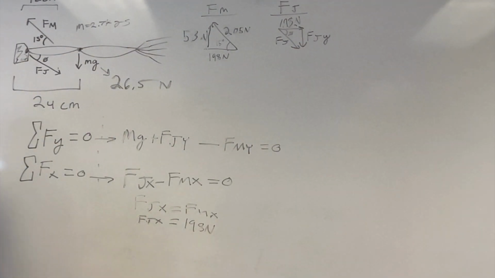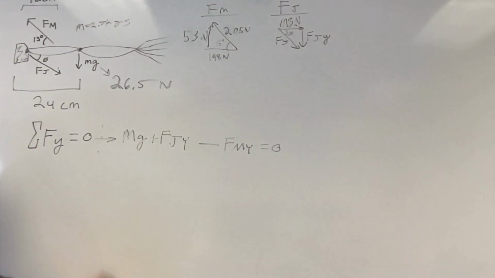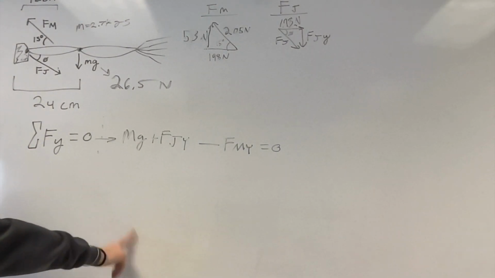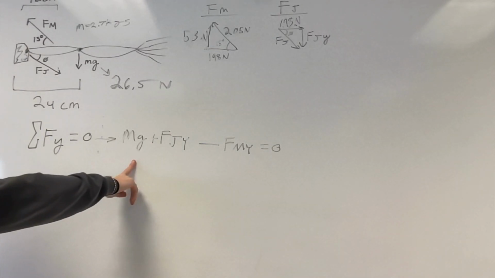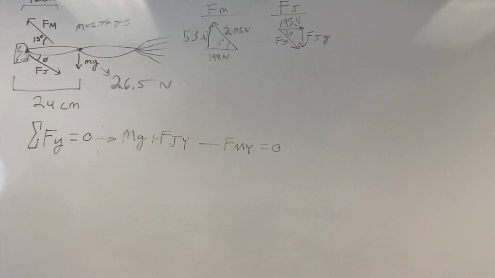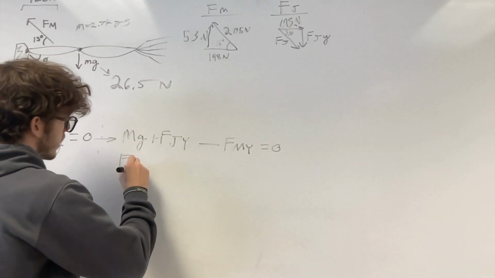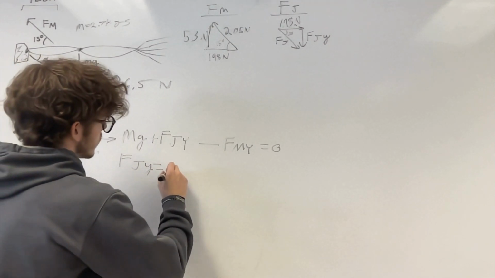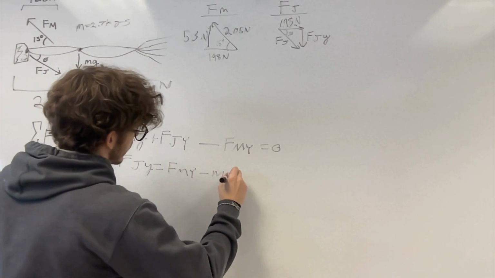We can do that quite simply using this equation here, where we said the sum of the forces in the y direction equals 0 because our hand's at rest. Mass times gravity plus Fj of y minus Fm of y is going to be equal to 0. So let's set this up so we solve for Fj of y. We said Fj of y is equal to Fm of y minus mass times gravity.